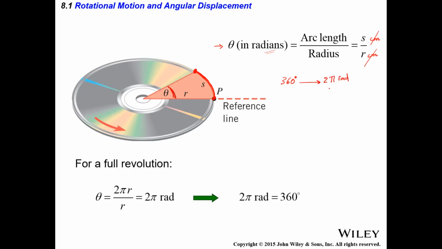So let's say I got 0.6 rad. Then I can find the angle theta in degrees. It will be 0.6 times 360 over 2 pi. So you can convert from radian back to degree.